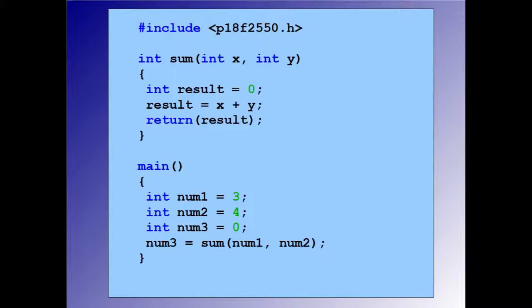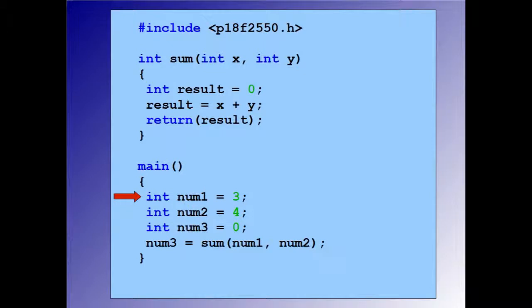When this program is executed, the execution starts at the beginning of the main function, beginning with these three variable declarations. Then our function is called, and the execution is transferred to the sum function. num1 and num2 are passed as arguments to the function. The variable result is declared, and the addition of the two values is performed.